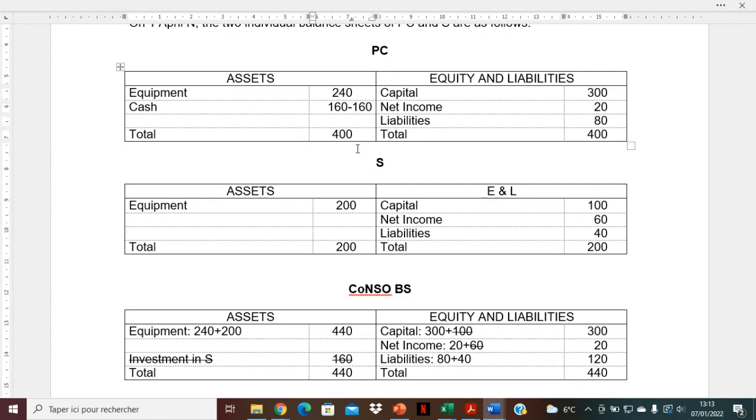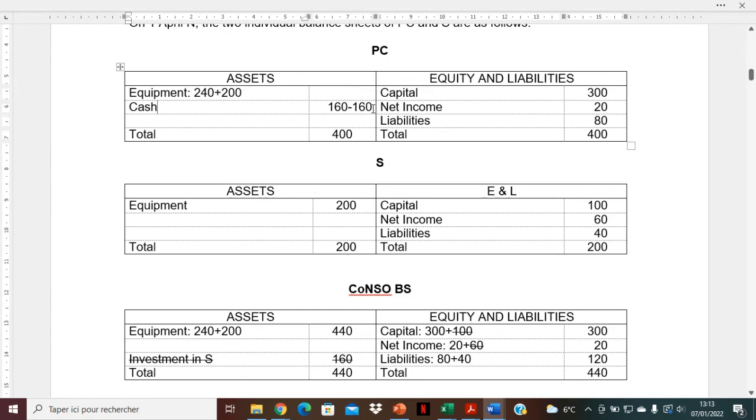So I spend 160. And in exchange, what do I get? Well, I get the equipment of S, and the equipment is valued at 200. Well, let me put this here. Existing equipment plus 200, the new equipment of the subsidiary.